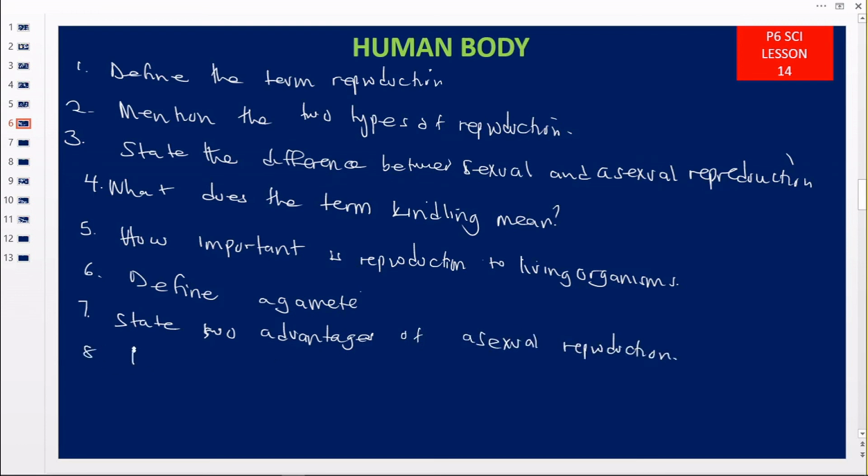Number 8, mention 2 examples of bisexual organisms.